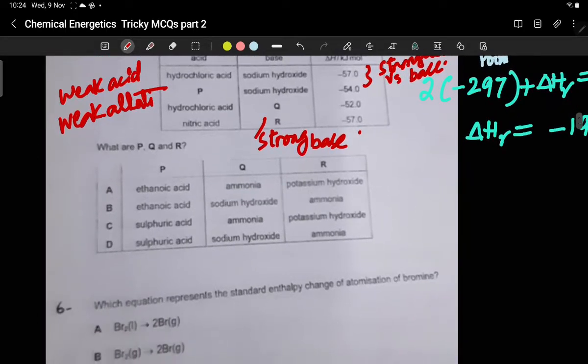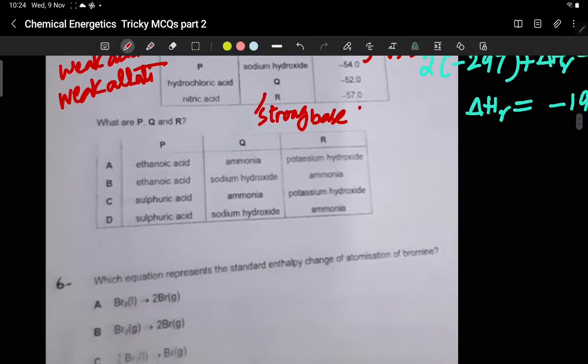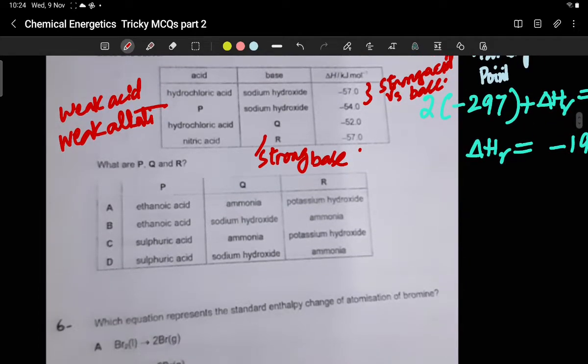Now what are P, Q and R? P should be a weak acid, Q should be a weak alkali or weak base, and R should be a strong base.